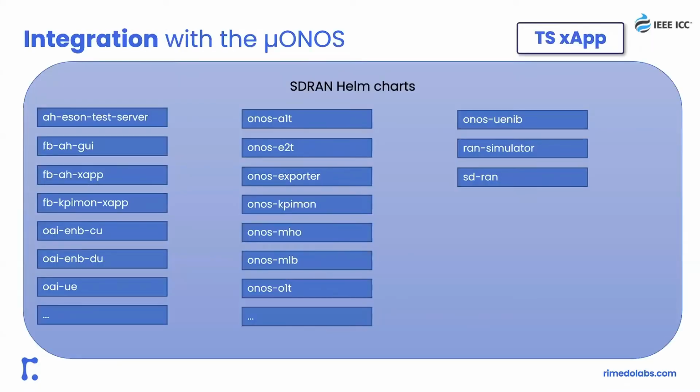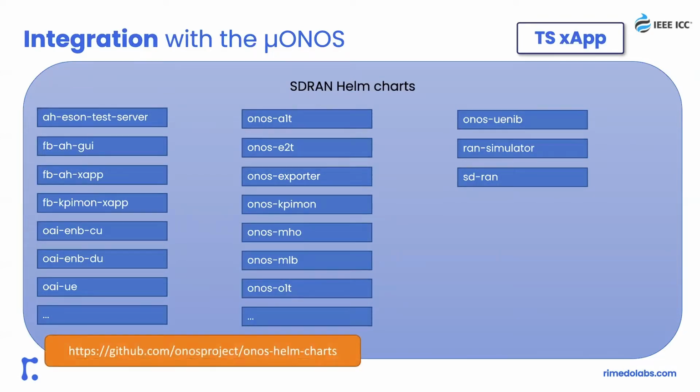So let's start with a small reminder from the previous part when we already saw this SD-RAN Helm chart. Now in more details, it is very important that this repository, which contains all recipes which allow us to build the SD-RAN, is available publicly for free. We can find here multiple components of the software-defined RAN.